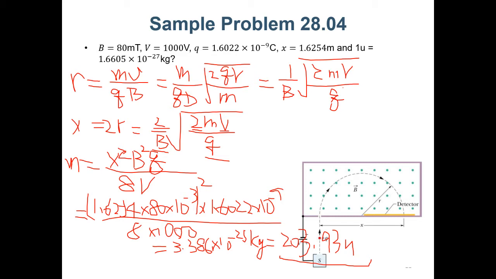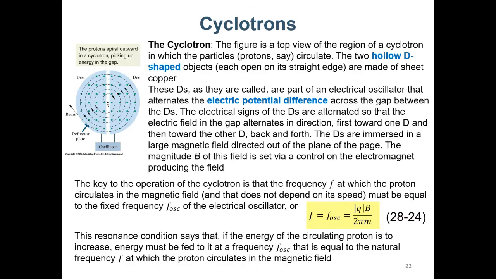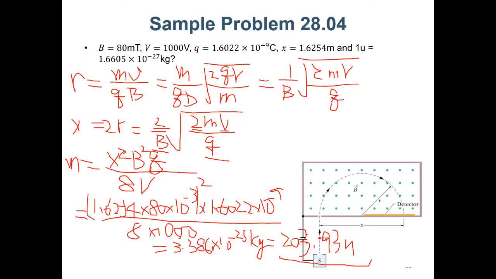So actually you can just check on the periodic table and then you can find which one this particle is. So any questions?